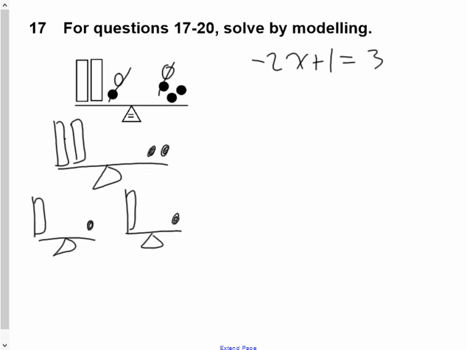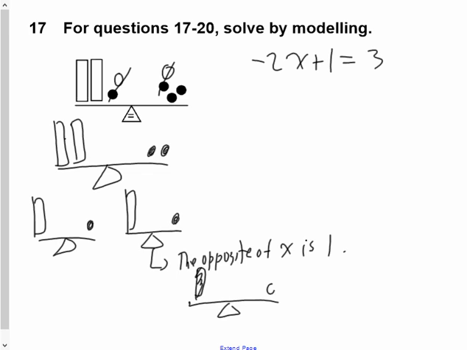Or the opposite of x is 1. So therefore, x itself must be negative 1. If the opposite of x is positive 1, then x must be negative 1.